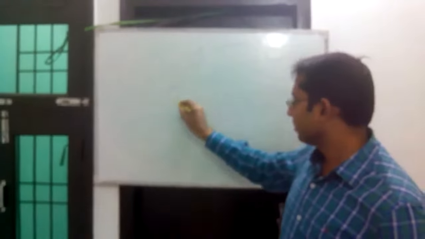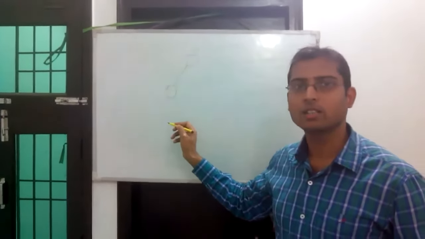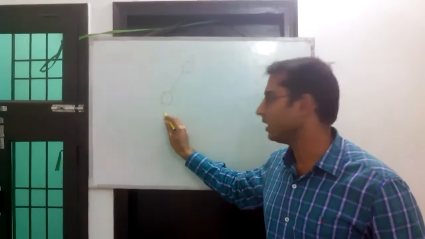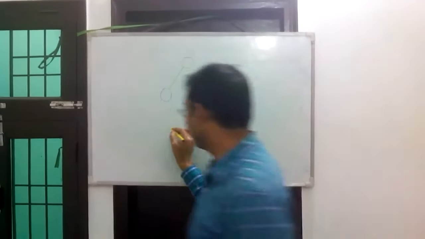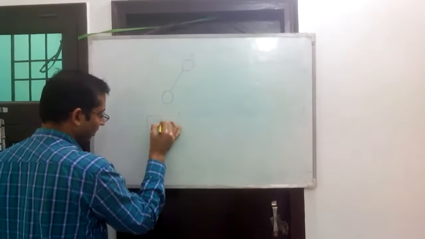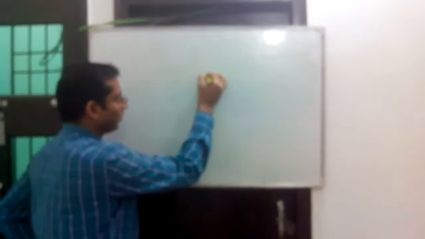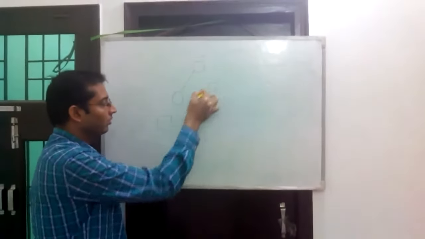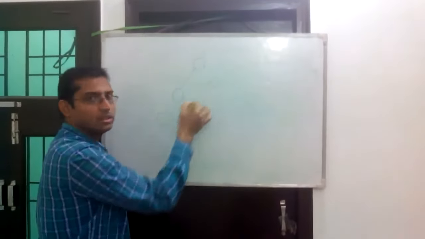Null branches means the left and right children which are not present, the left pointers and the right pointers which are empty. So for this node there are 2 null branches, and for this one only 1 null branch. So the total number of null branches is 3 when I consider 2 nodes.